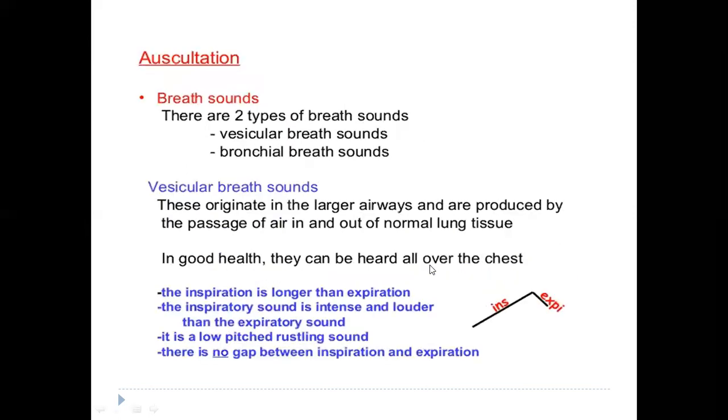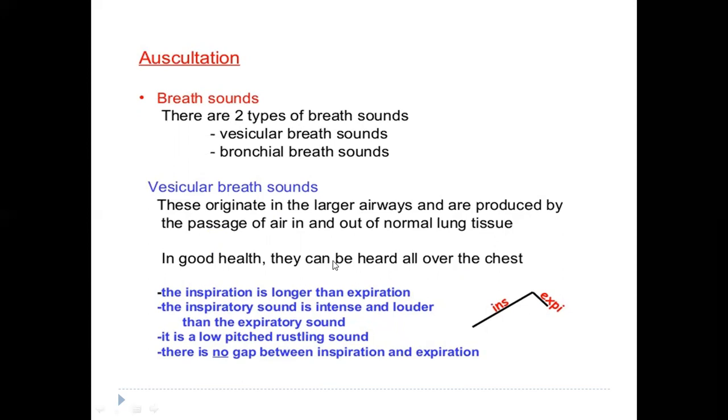Next is auscultation. We have also discussed auscultation in a different session. There are two types of breath sounds, vesicular and bronchial. The vesicular breath sounds originate in the larger airways and are produced when there is passage of air in and out of the normal lung tissues. They can be heard all over the chest in a normal adult.